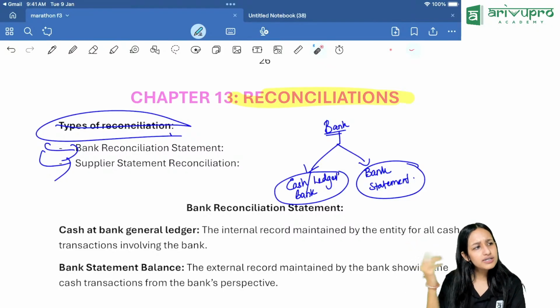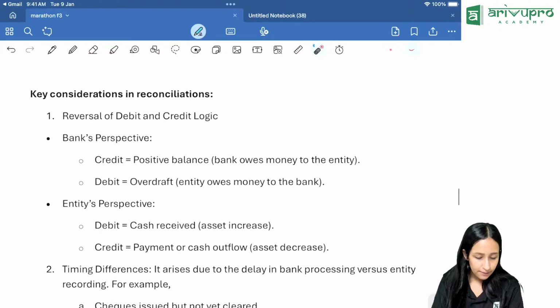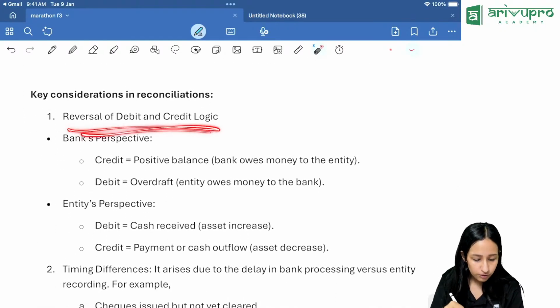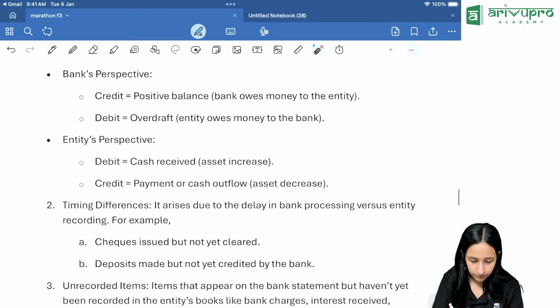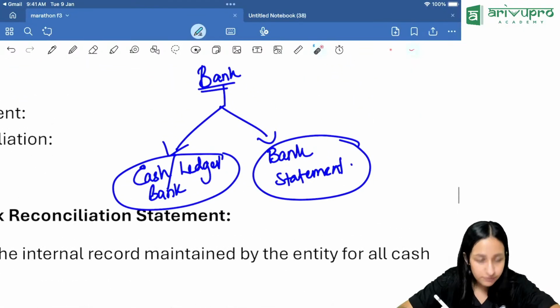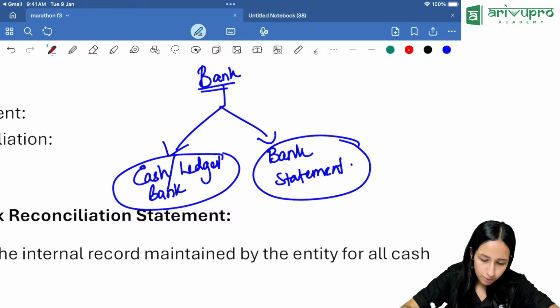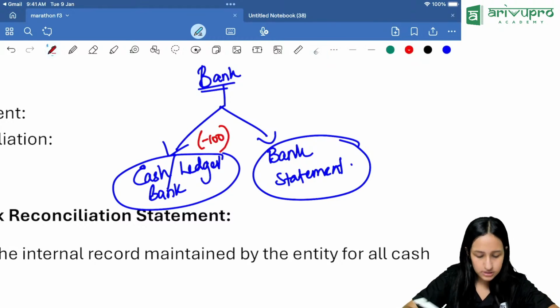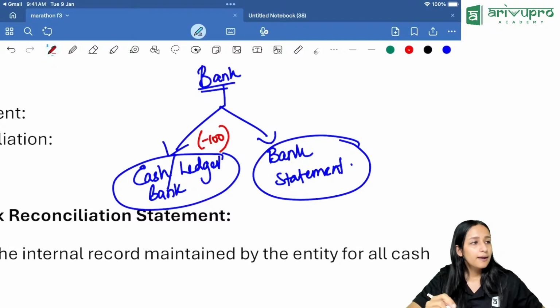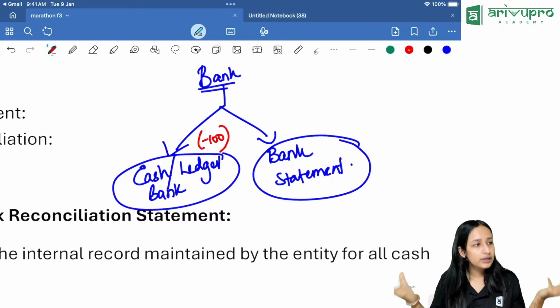Now, even though the same transactions are happening, why could it change? Because of reversal of debit and credit entry. Timing differences are the main thing here. For example, in our account, we want to make a payment to the supplier. We have already recorded minus $100 going out from our account. But the bank will check our account and get to know that there is no money for it to go out.